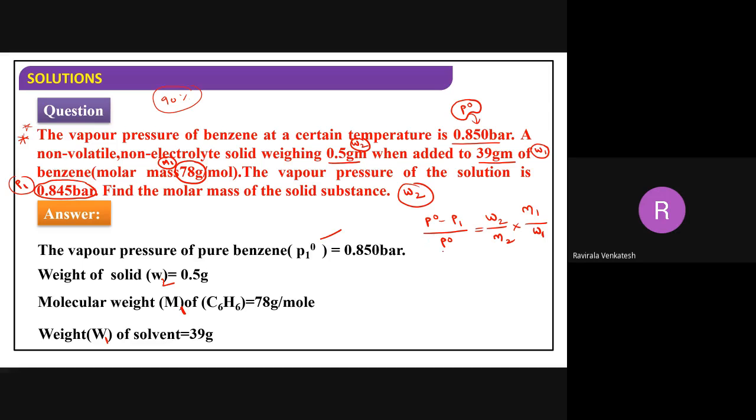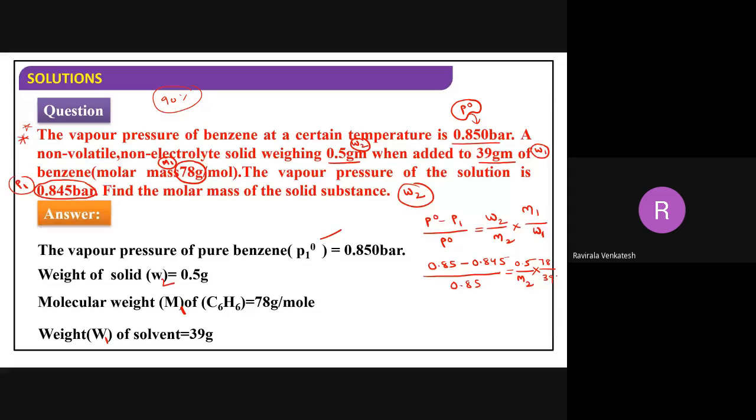Now, P naught is how much, beta? 0.85 minus P1, which is 0.845, divided by P naught again 0.85, is equal to the weight of the solute 0.5 gram over the molar mass of the solute, which we are calculating, times the molar mass of the solvent 78 by the weight of the solvent, 13 grams.